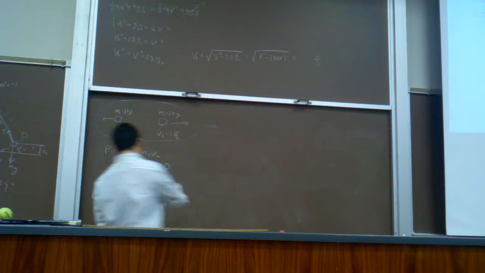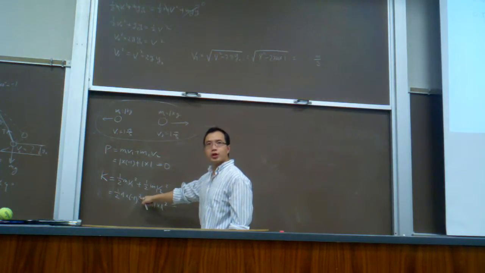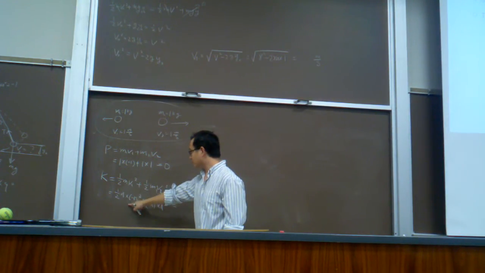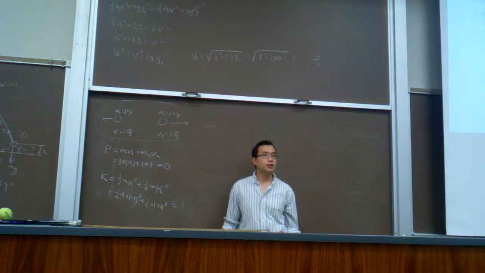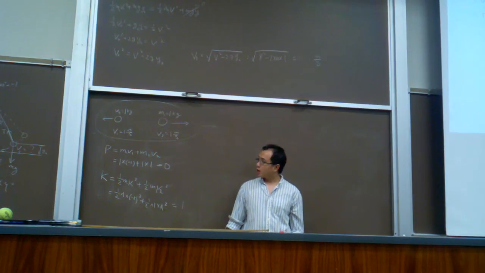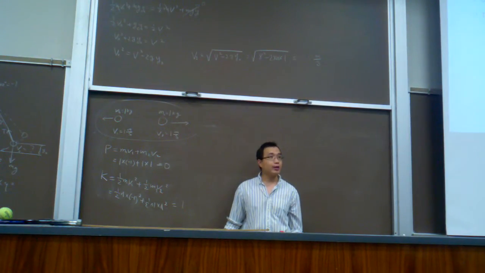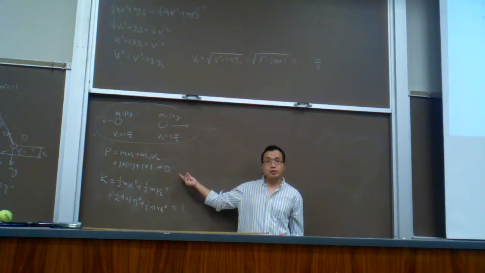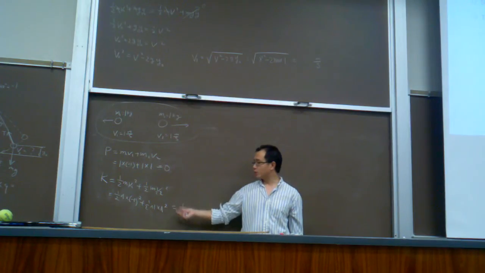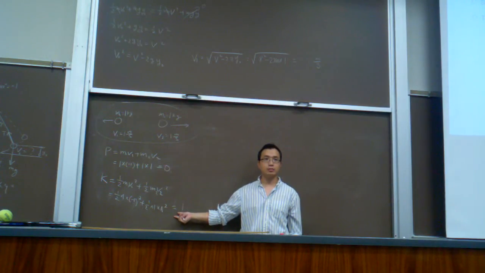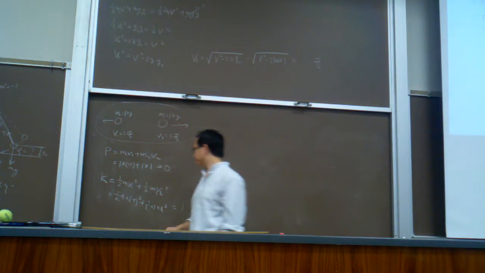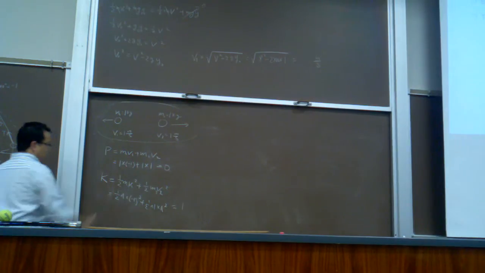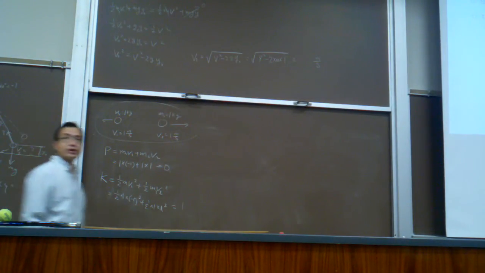Because the square will get rid of the negative sign, this is 1/2, this is 1/2, and you are going to get 1. So if you compare the momentum and the kinetic energy, you will see that they are quite different. For the system, the momentum is 0, but the energy is not 0, because the square here will make any negative number positive.